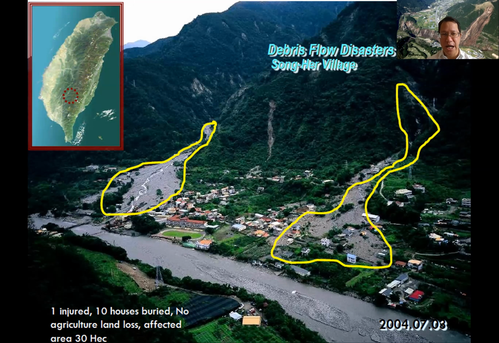If we look at this kind of landslide or debris flow, the basic mitigation to avoid the damage that would occur because of this is not to live there. First thing, you need to predict.